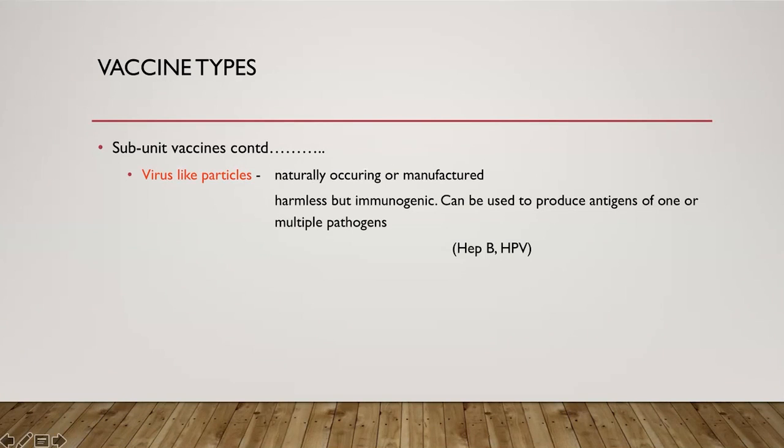If they are manufactured, you can manufacture virus-like particles to carry antigens of one or multiple pathogens. Some hepatitis B vaccines and some types of human papilloma virus vaccines are manufactured using virus-like particles.